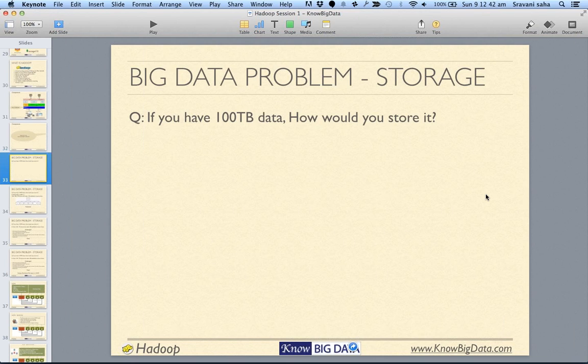Okay, Felix says that we'll store it in multiple machines, in 10 machines. Good. Anybody else? The maximum available hard disk as of today in the market is 2 terabyte.